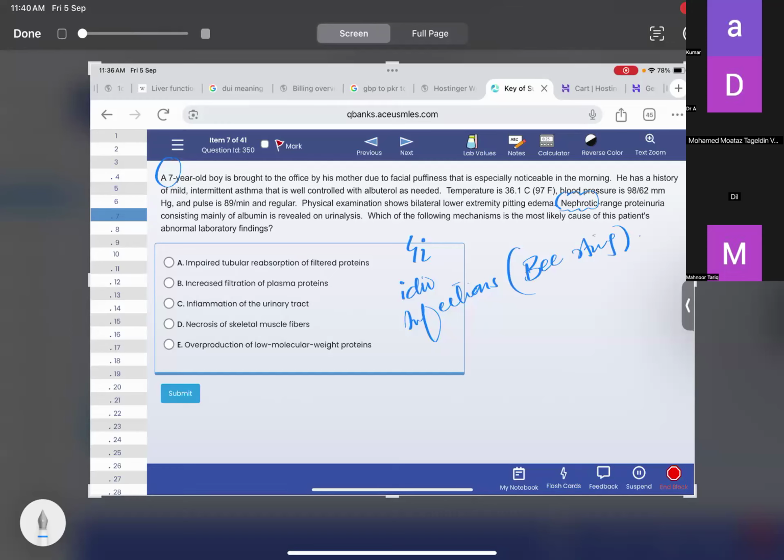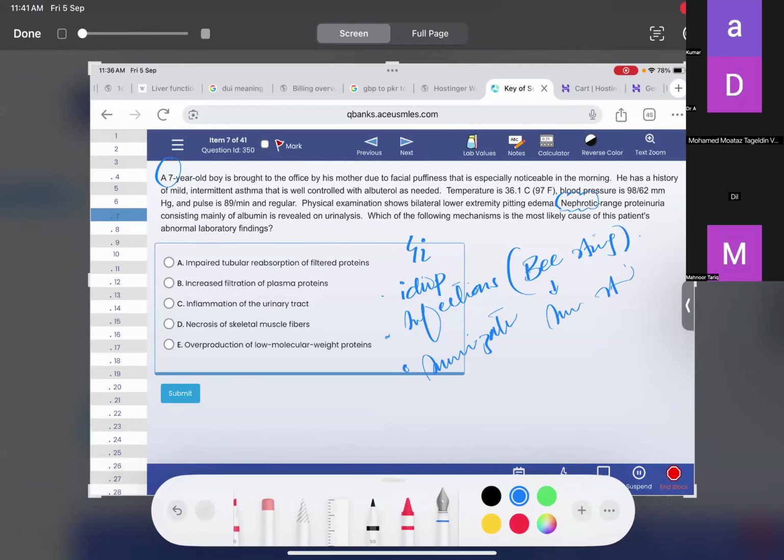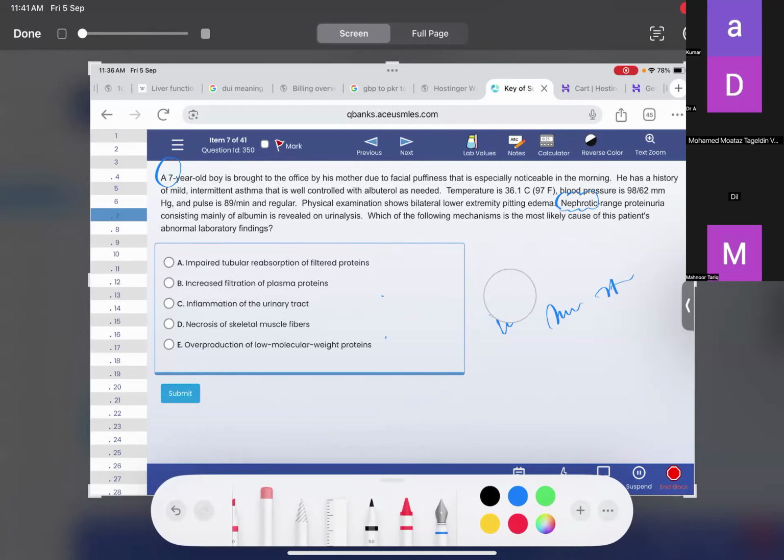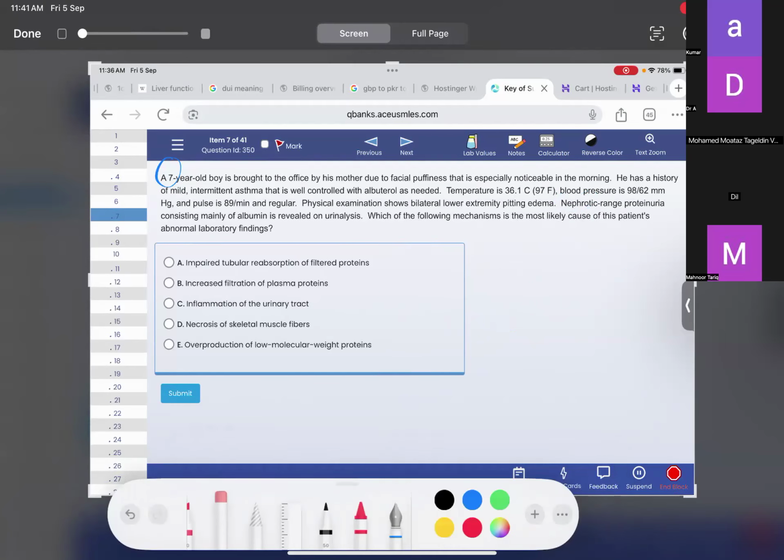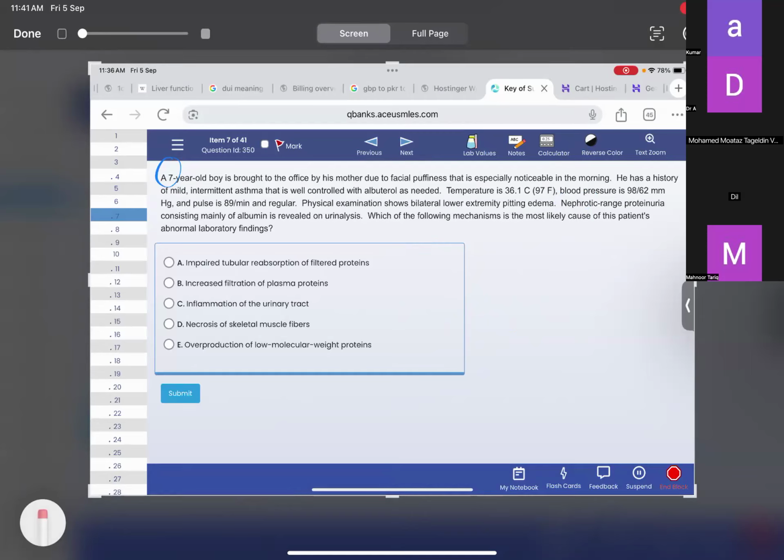Post-immunization, that is an immune stimulus. These are the important points of nephrotic syndrome. So what do we have? Asthma.